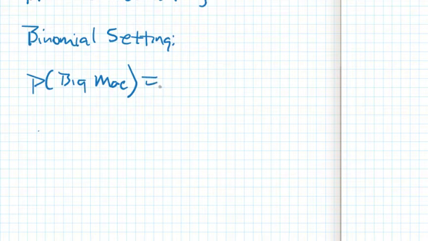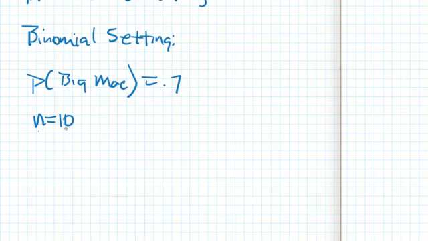Let's say that worldwide, the probability of a Big Mac being ordered by a car in a drive-thru is equal to 0.7. And we're doing a survey for whatever reason, maybe healthy eating or whatever. And we're going to watch the next 10 cars go through the drive-thru at a randomly chosen McDonald's. So think about that. Now we're going to take n equals 10.